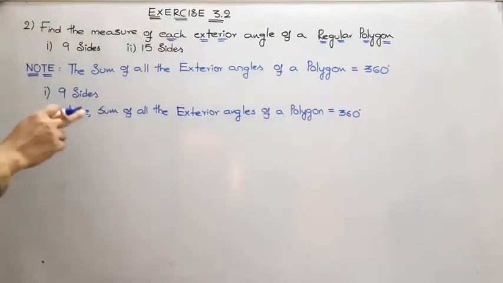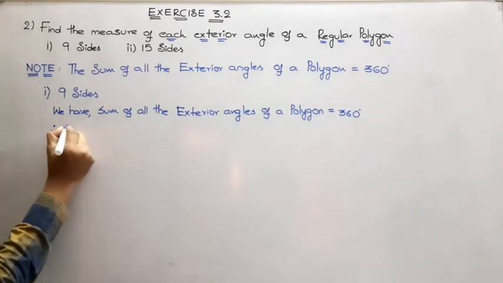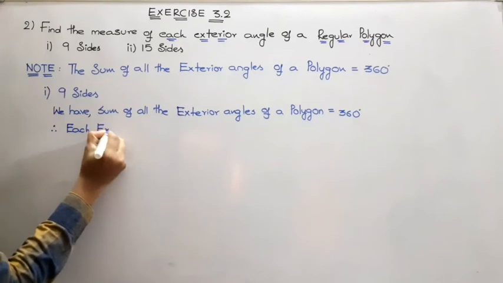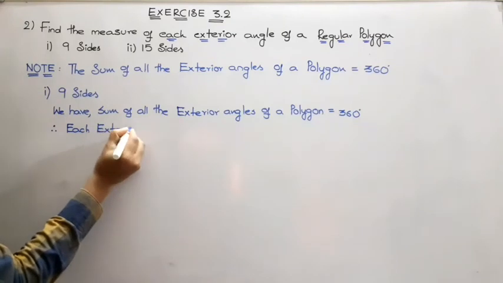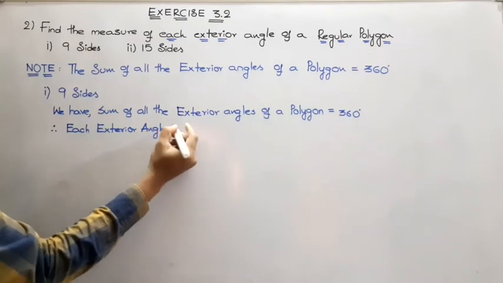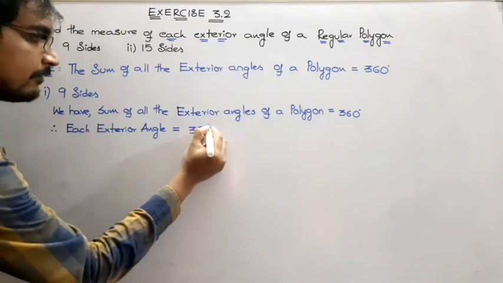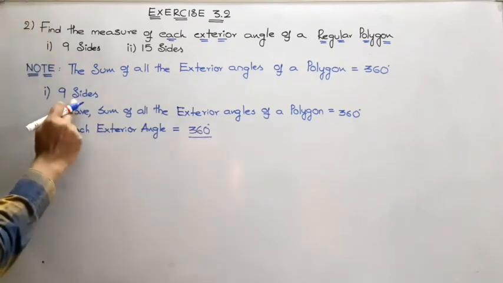Now they told that this specific polygon is having 9 sides. Therefore each exterior angle is equal to 360 degrees divided by the number of sides.